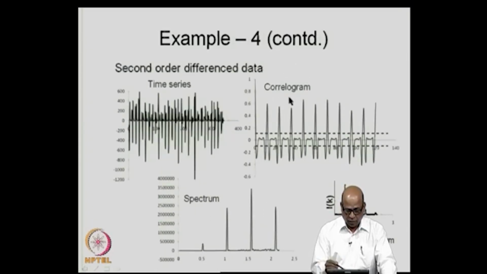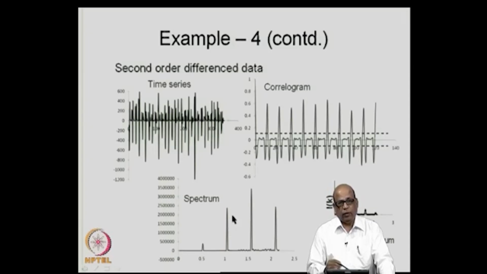The correlogram appears like this, still indicating that there are significant periodicities present in the data, and the spectral density, this is the original spectral density here, and this is the spectral density for the difference data. It again indicates that there may be some periodicities. Of course, we need to test for the statistical significance of these periodicities, but there is an indication that the time series that you so formulated by taking the second order differences still is not devoid of periodicities.